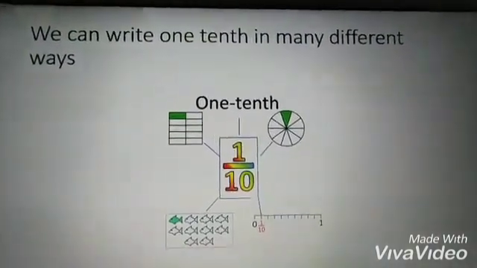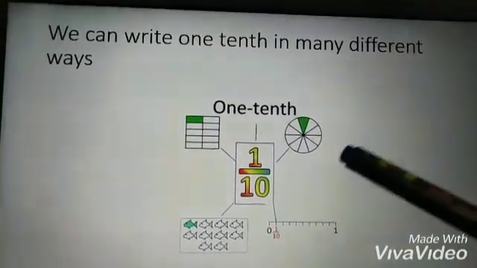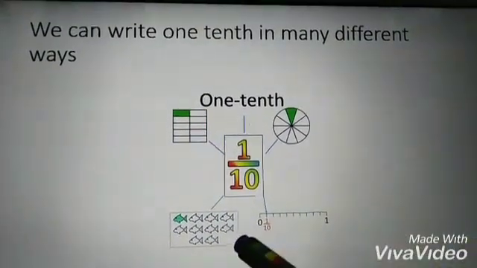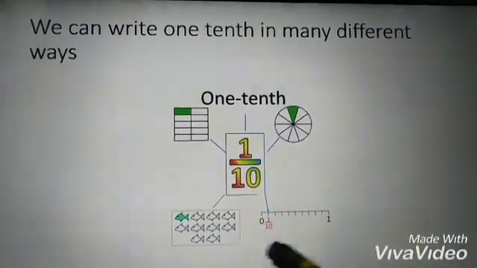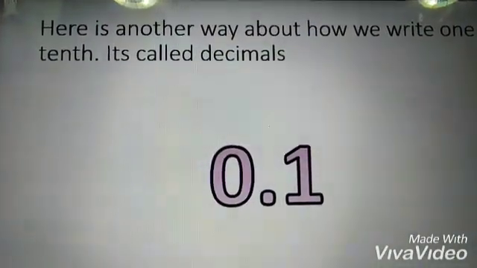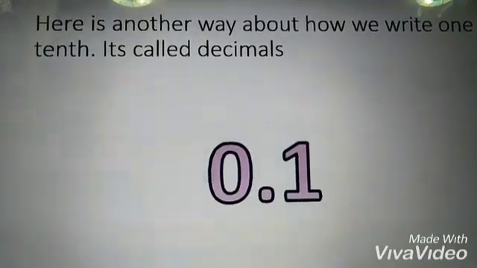So, we can describe 1/10 in many different ways: in shapes, in fractions, as a fraction of a quantity, and on the number line. This is another way of writing 1/10, and it's called decimals.